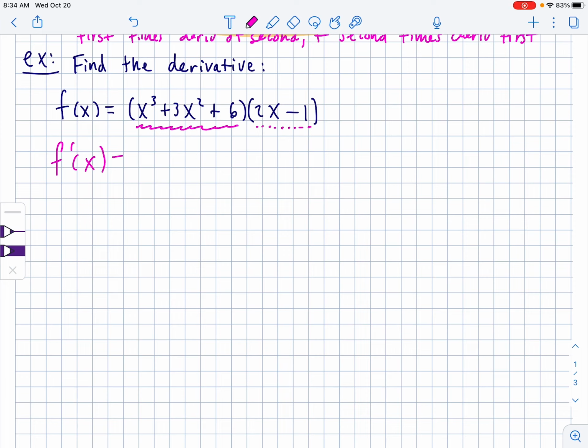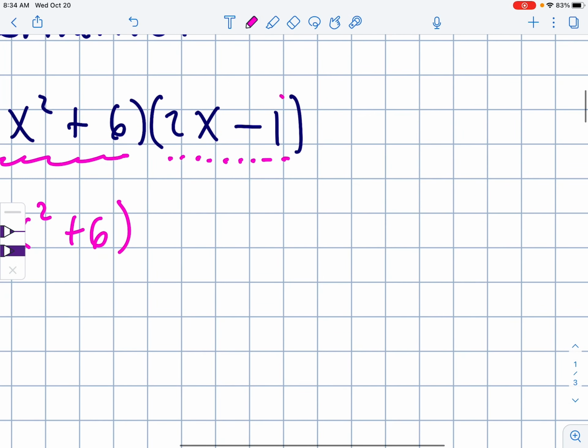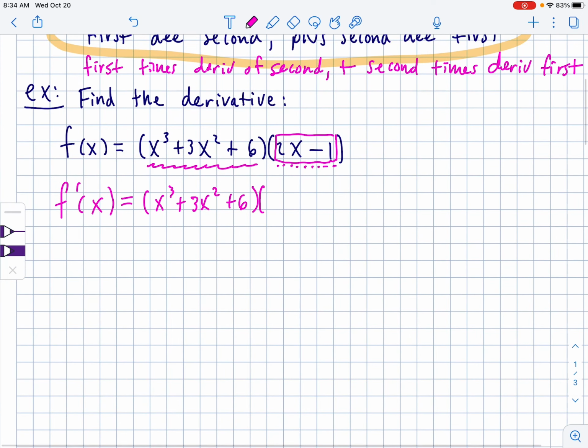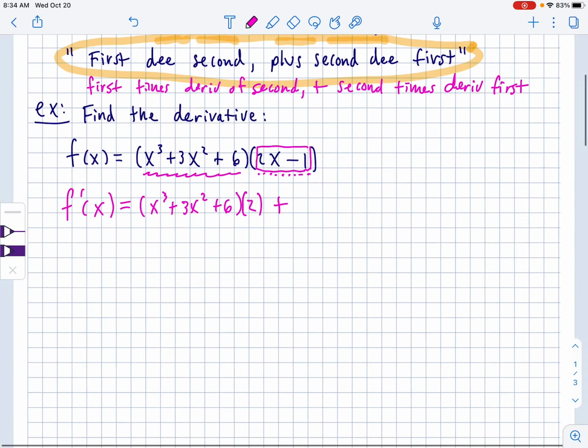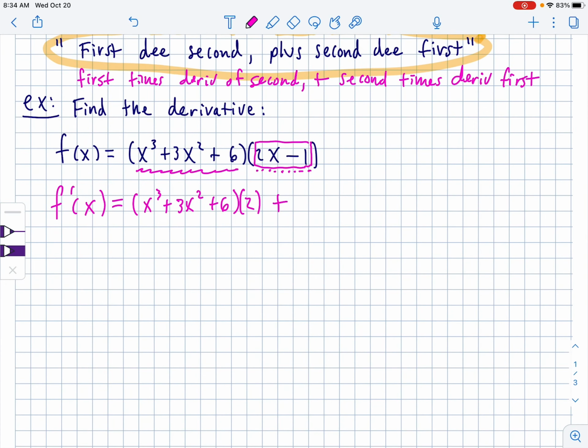So with this example, my first function is a nice little polynomial, and my second one is also a nice polynomial. So this one's fairly straightforward. First d second. First means just dropping the first thing down and not touching it. You just leave it there. And so first d second. Now d second means taking just the derivative of 2x minus 1.